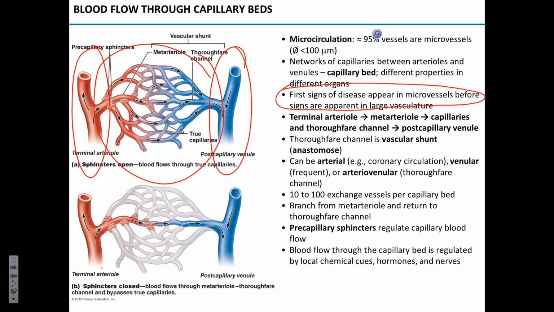First signs of disease appear in microvessels before signs appear in large vasculature. What does that statement mean? Say you have a person that is otherwise healthy, but you want to establish if this person is at risk for cardiovascular disease. You can do functional measurements of the microvascular function. Does that make sense? That sounds terrible, I know.